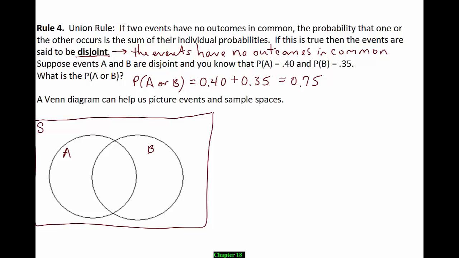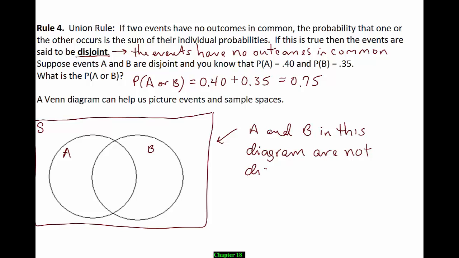No. A and B in the picture here are not disjoint because they overlap. So a Venn diagram is a good way to picture events and probability spaces. So if they were disjoint, we would have had to have drawn the circles not overlapping with each other.